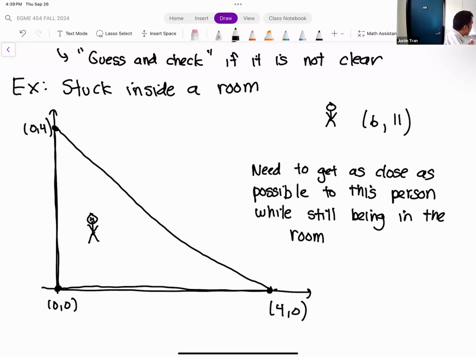And so what we want is, our design variables in this case, or what we're going to solve for, are the optimal values for X, your X position, and your optimal values for your Y position that will position you as close to this person as possible.